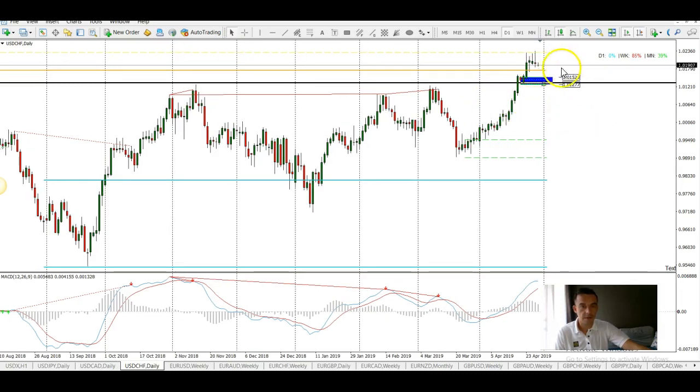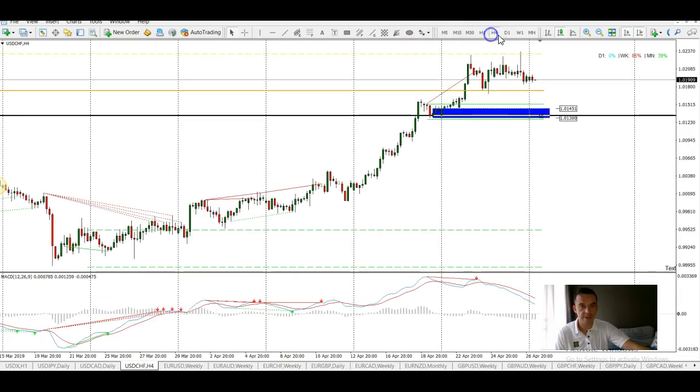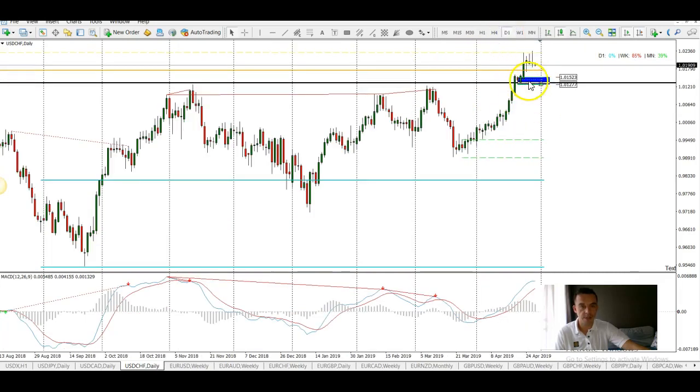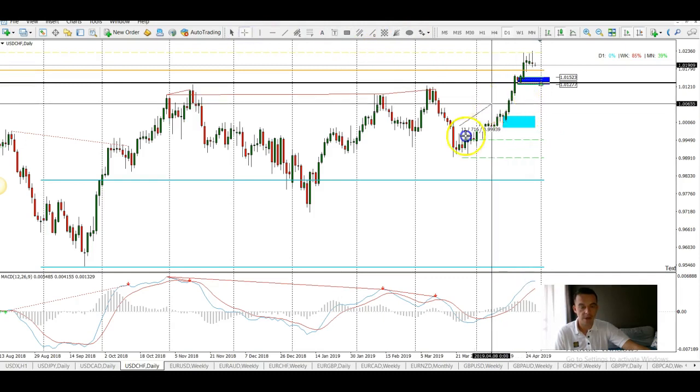I want to target that. But as this is going to come down, I just have to remind myself that these areas will get respected at some point as they're coming down. There's some big news, so we'll get some sort of reaction here. We'll hit here, swing up, and then swing down low. So we'll just watch that. This here is an area I'd be looking to take profit on my longer term setup.